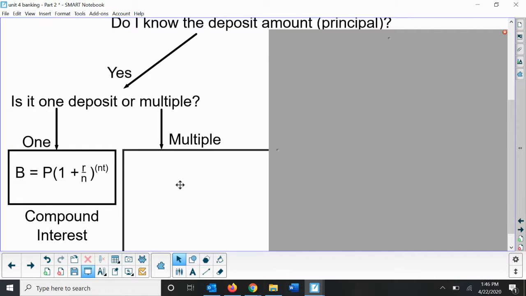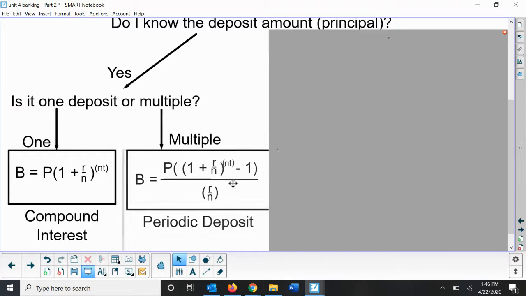If it is multiple deposits, so I deposit $100 every month into the account, or I deposit $300 every quarter into the account, so I'm making multiple deposits, that is our periodic deposit formula.